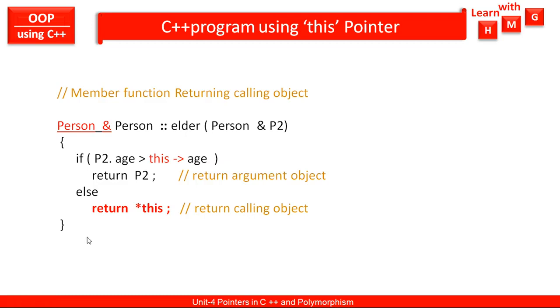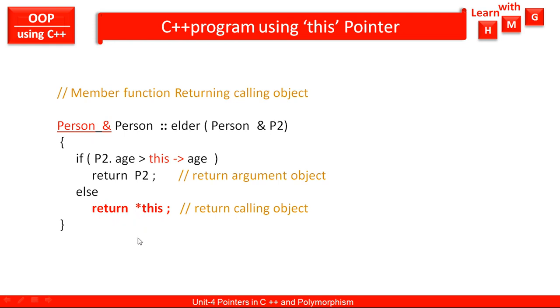So like this you can write a member function which returns the calling object, because the name of the calling object is not present here and it is represented by the special pointer named this pointer, and you can use this pointer in the return statement, return *this.